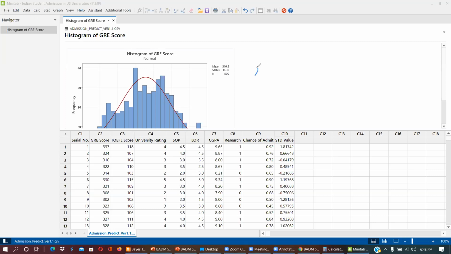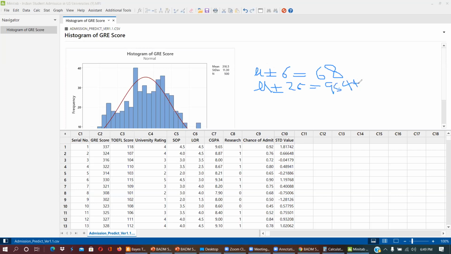So mu plus minus sigma has 68%, and mu plus minus 2 sigma has how much? As per the empirical rule, 95.44. This is based on the empirical rule.